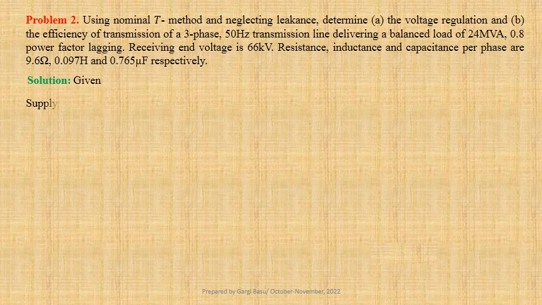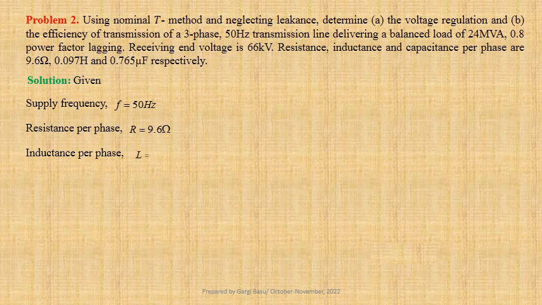Given supply frequency F equals 50 Hz, resistance per phase R equals 9.6 ohm, inductance per phase L equals 0.097 Henry and capacitance per phase C equals 0.765 microfarad, that is equal to 0.765 into 10 to the power minus 6 farad.